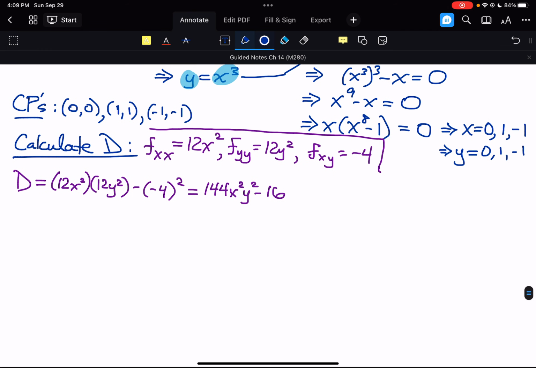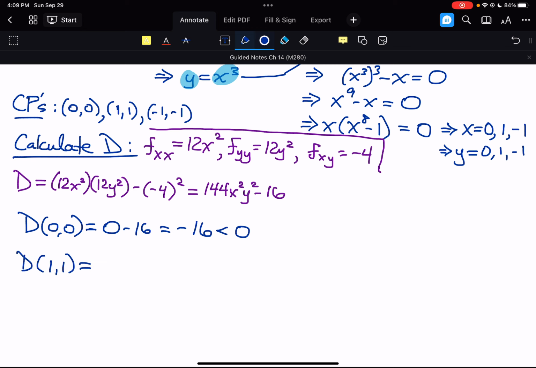And now we can test using D. So test all of these critical points. D of 0, 0. That's going to be 0 minus 16, so negative 16, which, of course, is less than 0. D of 1, 1. We get 144 times 1 times 1, so just 144.